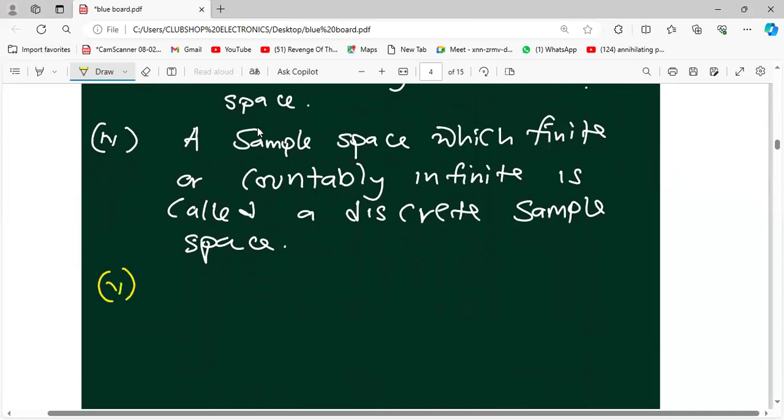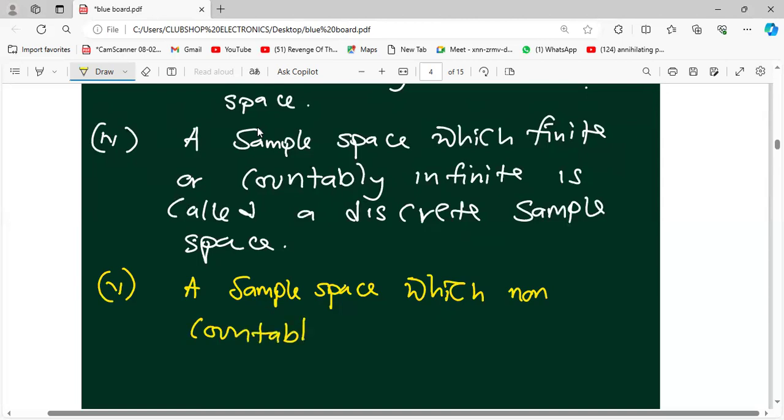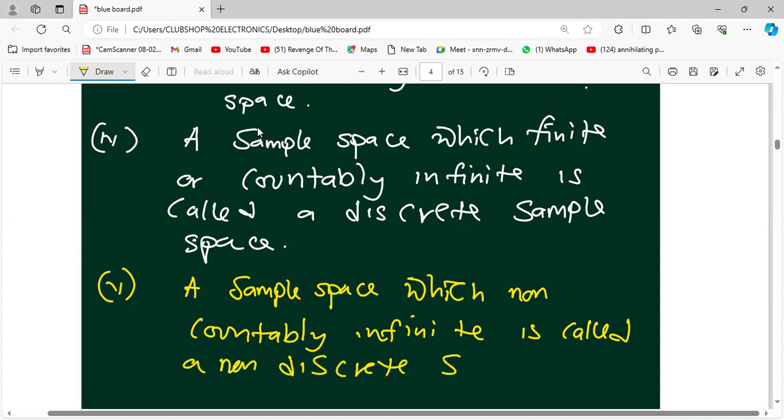So the fifth one is a sample space which is non-countably infinite is called a non-discrete sample space.